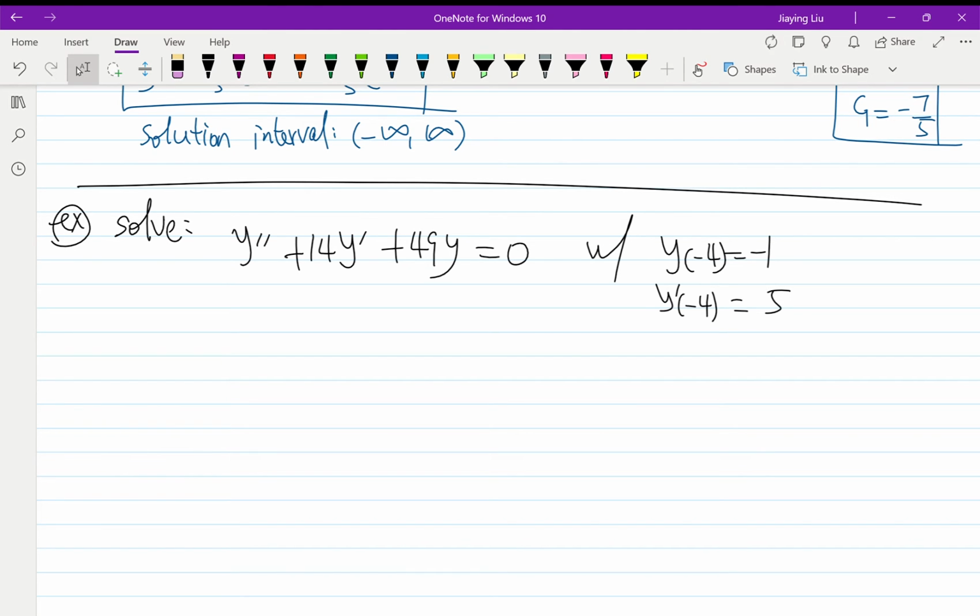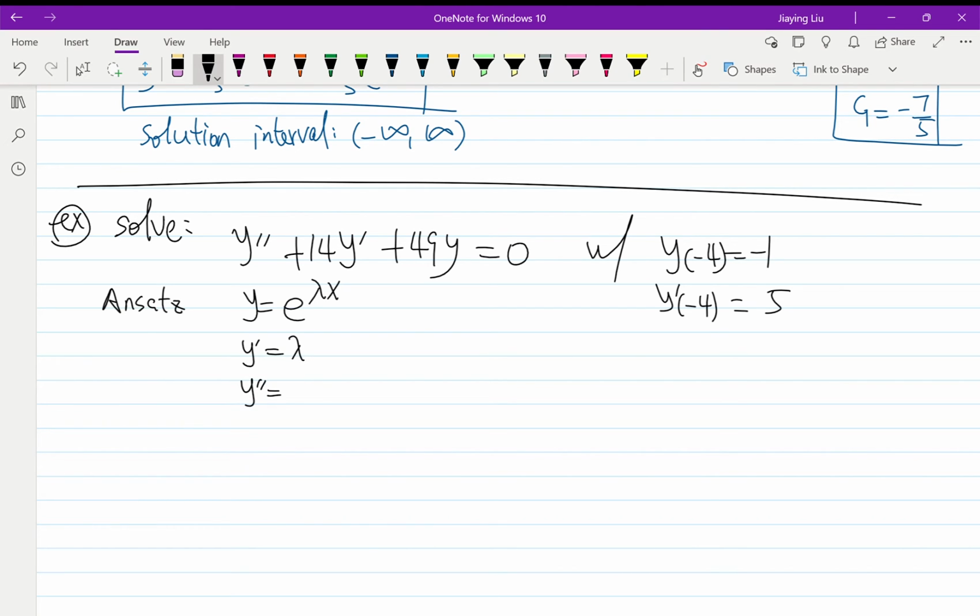To solve this, the process is the same. We use the solution ansatz y equals e to the lambda x. We don't know what lambda is, but we suppose that's a solution, and we put it into the differential equation. We need the derivatives first, the same as in the previous problem.